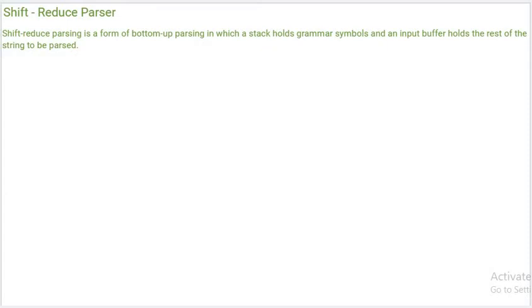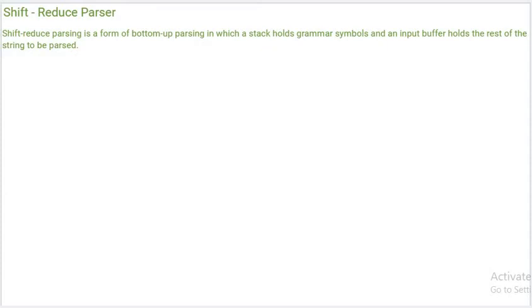So we'll be trying to form a handle, and then the handle will be replaced by some non-terminal, right? We know how it will be replaced. This handle will be matched with the different productions we have in our grammar, and whichever production it matches, the handle will be replaced by the corresponding non-terminal in the production. The same thing.